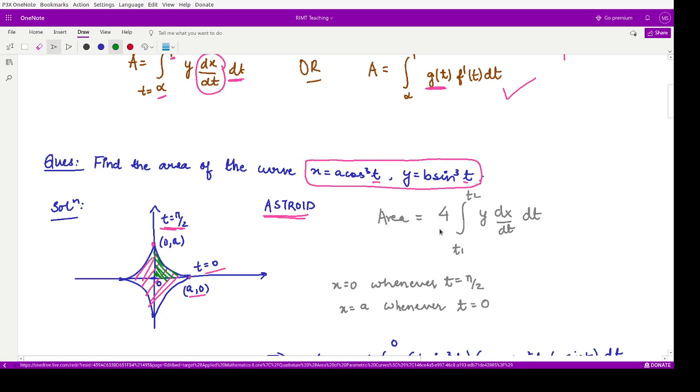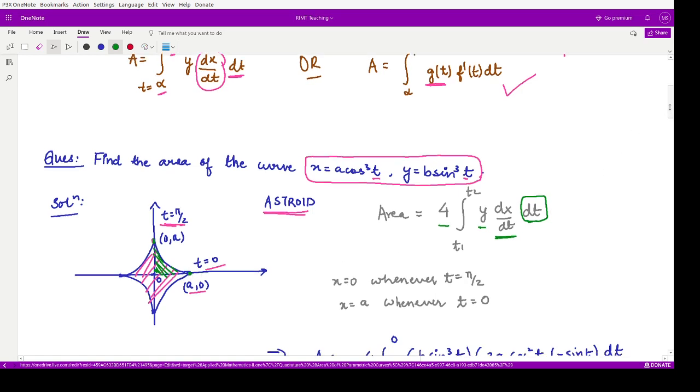So the area would be 4 times the area of this particular region, and for this region you have y, you have dx by dt, and you will perform its integration with respect to dt, where the limits of t vary from this point to this point. Here the value of t is pi by 2 and here the value of t is 0.